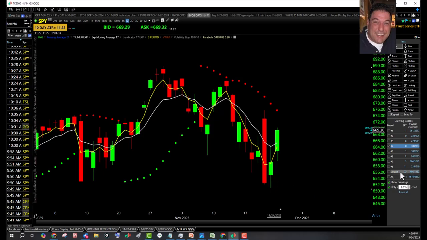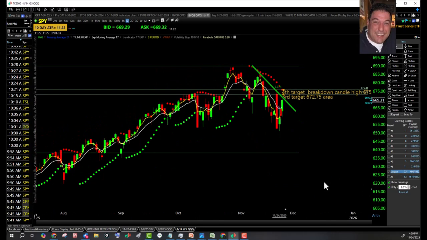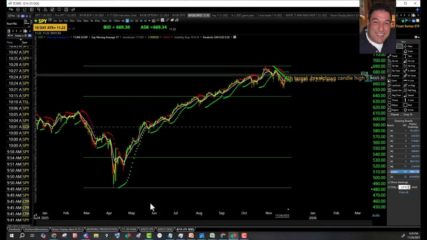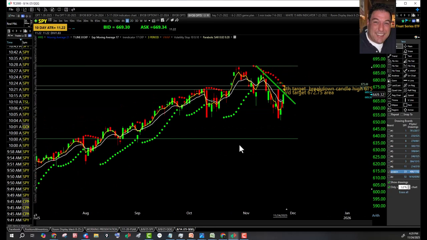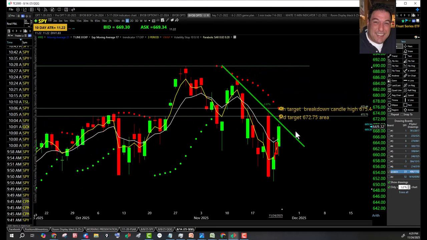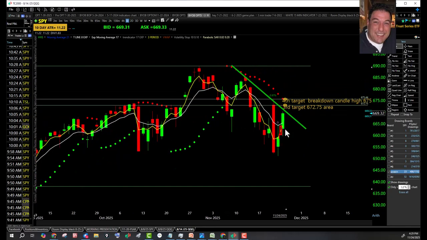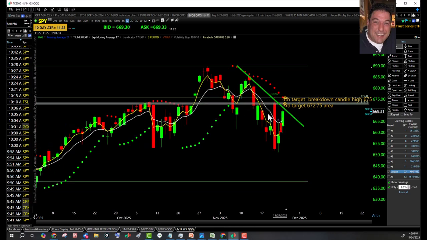Okay, so if we look at this with the quad lines on it and we zoom way out, you can see this is the April beginning of the rally. We're all the way up here in the middle of quadrant 4. That's bullish, but we're not moving up. We're kind of just putting in a bull flag, just putting in a pullback.